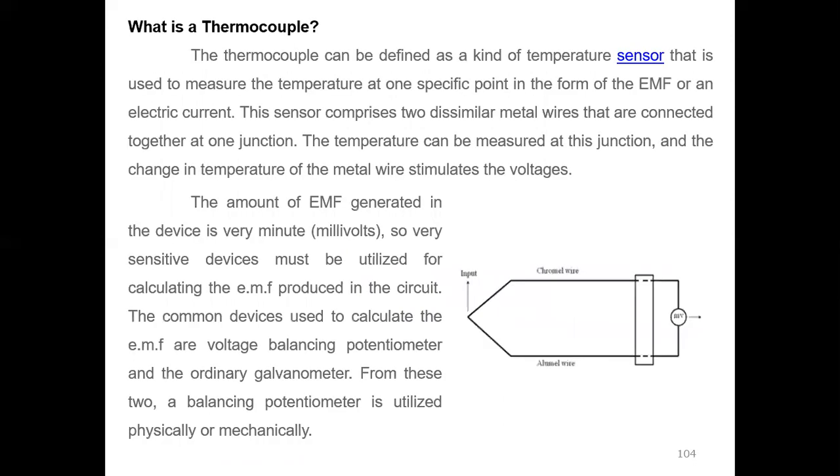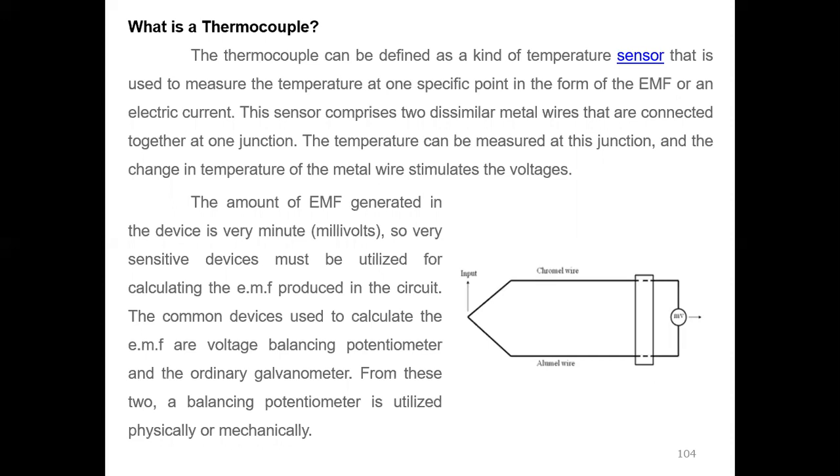The next one is the thermocouple. It is another temperature measurement sensor. It can be defined as a sensor used to measure the temperature at one specific point in the form of an EMF or an electrical current. The sensor comprises two dissimilar metal wires that are connected together at one junction.